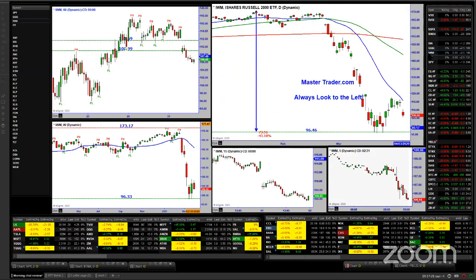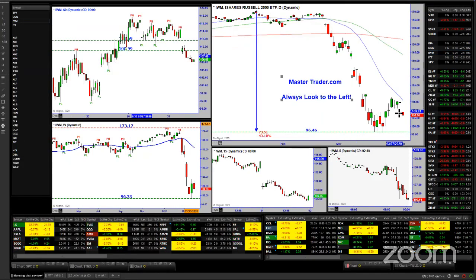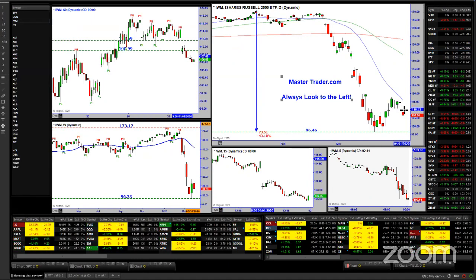YM, I should have IWM. It was holding here, and then it was kind of setting up what could have been maybe a bull flag, but we discussed over the last couple of days that bullish price action in a downtrend is not equal to bullish price action in an uptrend.